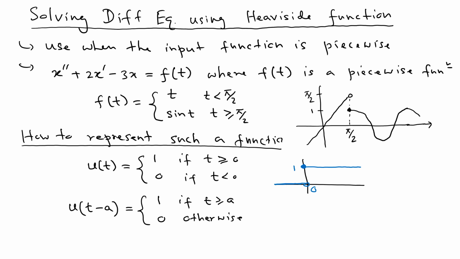So this is like a general Heaviside function. There's another notation: we also write it as h, with a for the starting value, and then t. So you can use both.